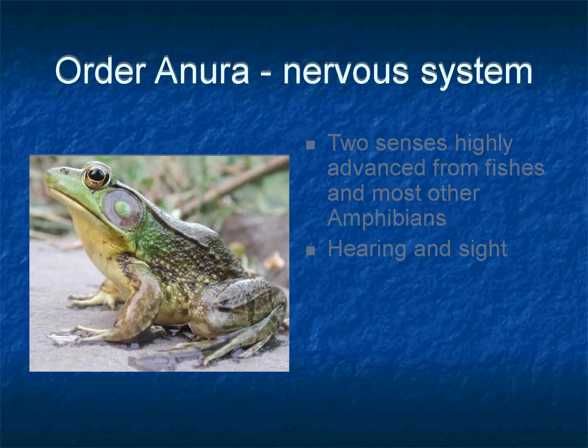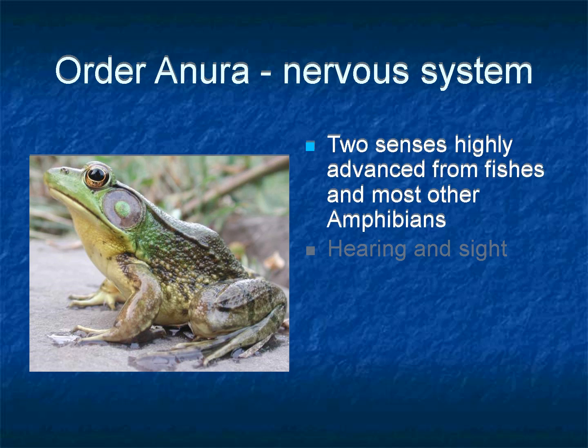Moreover, with the evolution of the nervous system, neurons evolved two senses that are highly advanced compared to fishes and most of the amphibians. These senses include hearing and sight. And by now, you may remember that caecilians are blind. However, both salamanders and caecilians also lack a tympanic membrane.